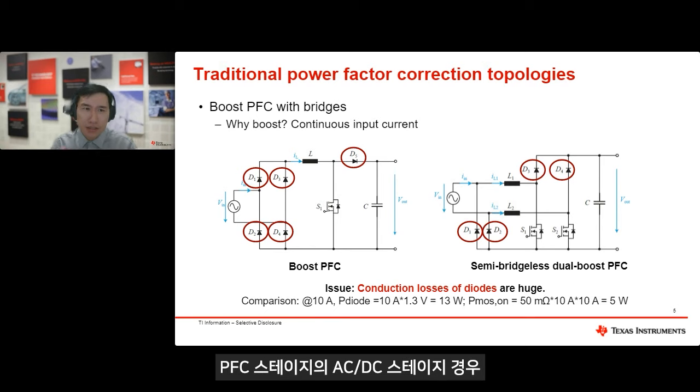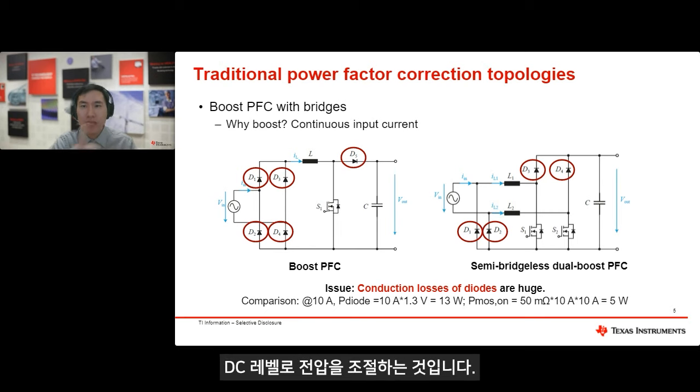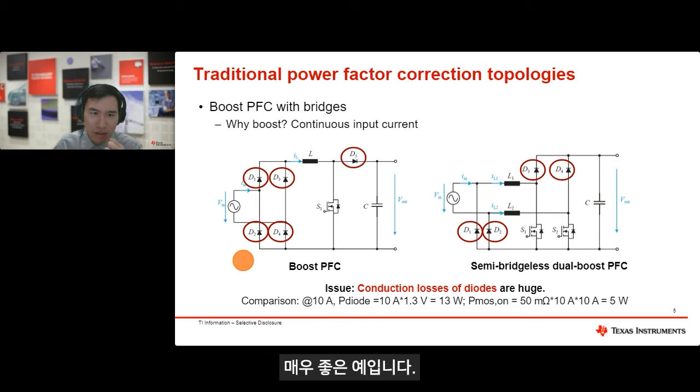For AC/DC stage or the PFC stage, there are two major functions from basic. You need to do two things. One is you need to change the polarity from two polarity to one polarity. Another is you need to regulate the voltage from the sinusoidal wave to a constant DC level. So traditional PFC is a very good example of these two functions.